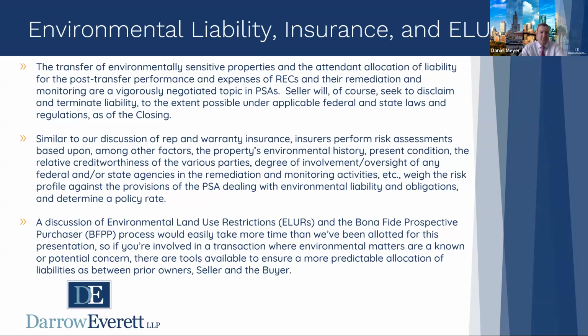The bona fide prospective purchaser, which is really something that you deal with for brownfield properties with the EPA, but many, if not most states have basically adopted their own state ancillary to the bona fide prospective purchaser, and it just allows a buyer of an environmentally sensitive property to agree to and record certain things and obtain, usually in the form of a letter of compliance from the environmental agency, that allows them to have certain controlled deviations from the things that are restricted.